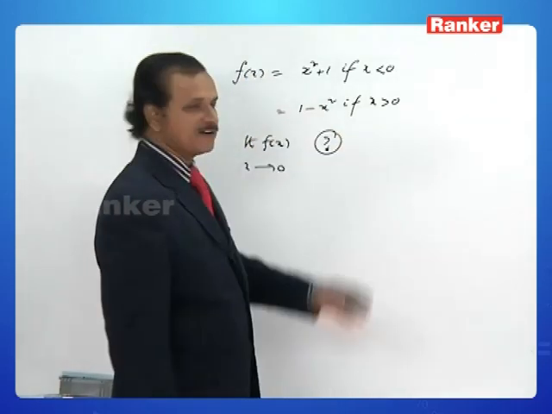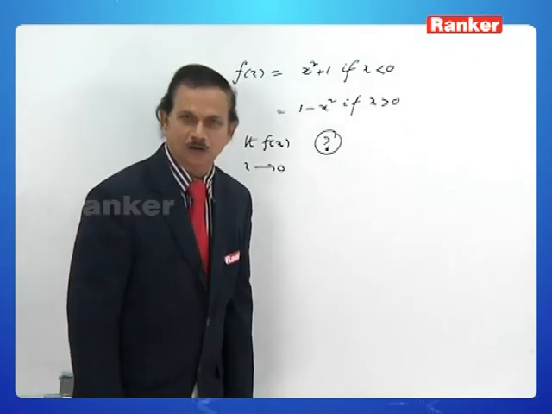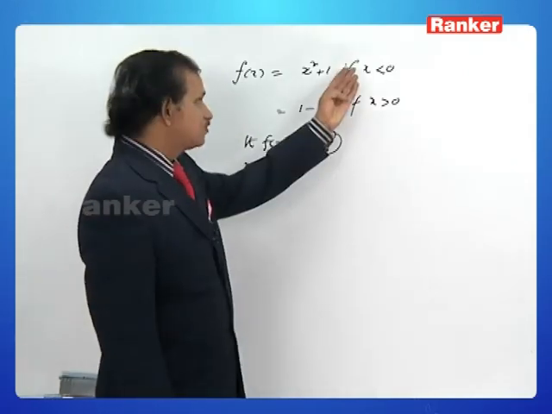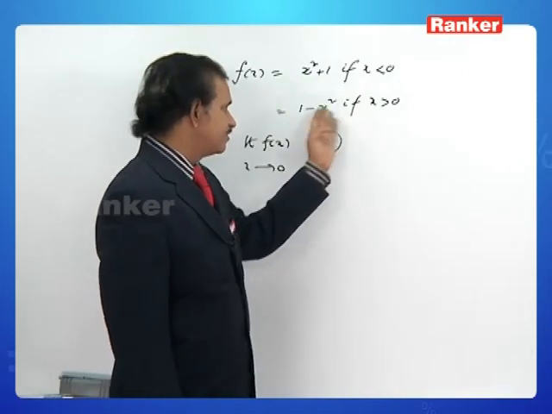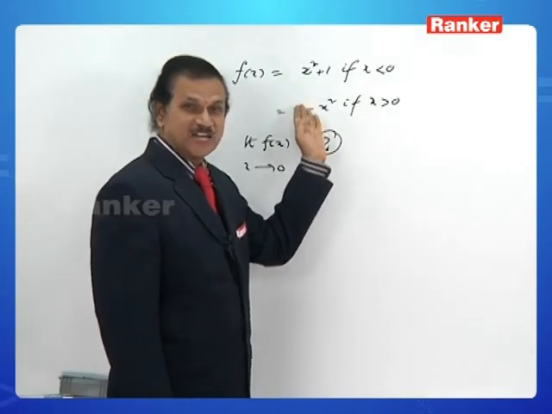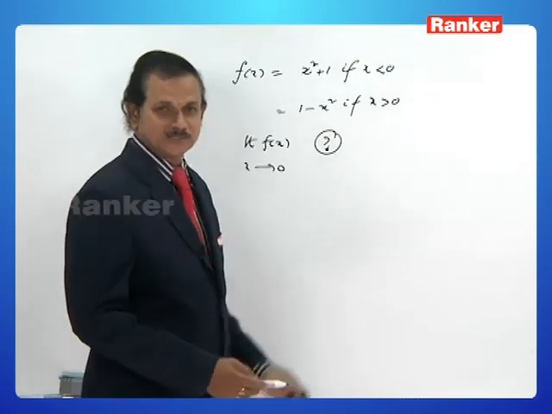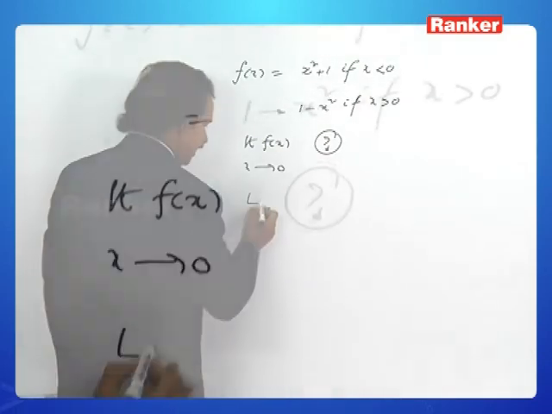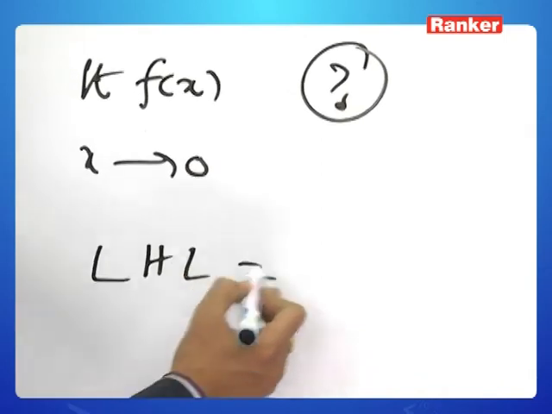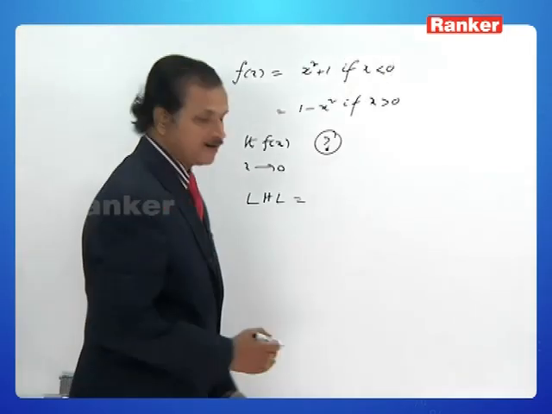The function f is not defined at x equal to 0 here at all. Of course, in the left region it is defined, and in the region to the right of 0 it has been defined. Let us see whether the limit does exist or not. First of all, what is the left hand limit?